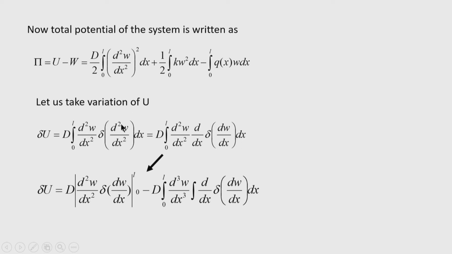So, it is written similar to the differentiation process: d square w by dx square into delta of d square w by dx square, that is the variation of this quantity, into dx, of course, and the integration is there from 0 to L. Okay. Now, you can see this quantity has to be integrated.